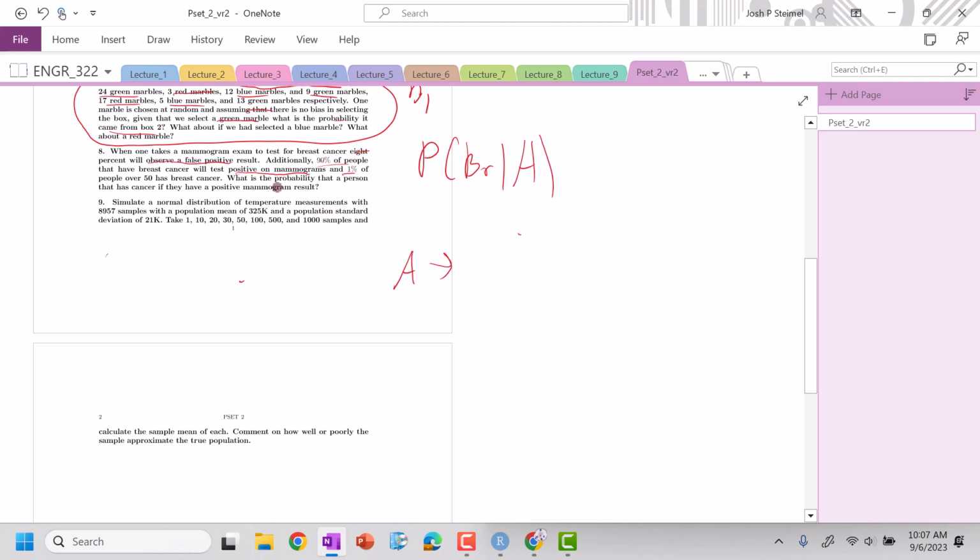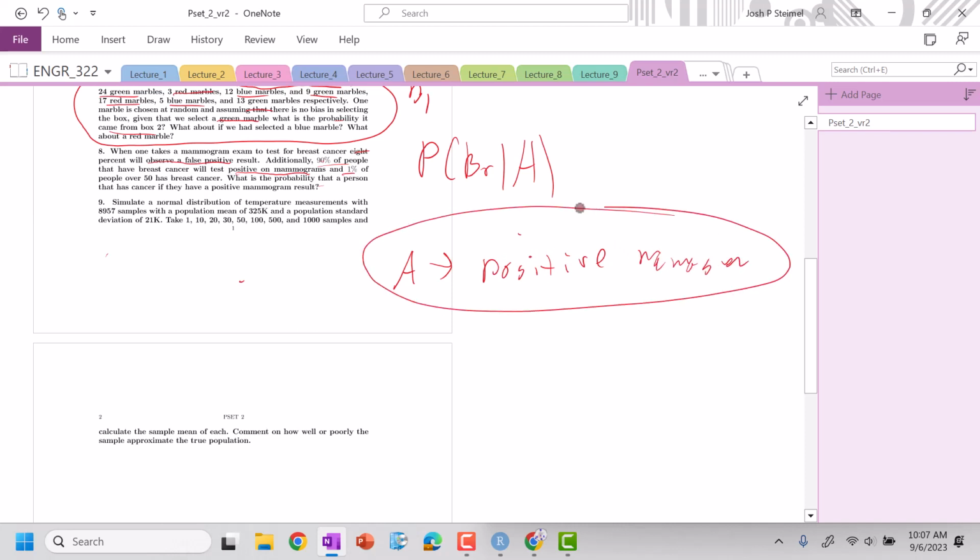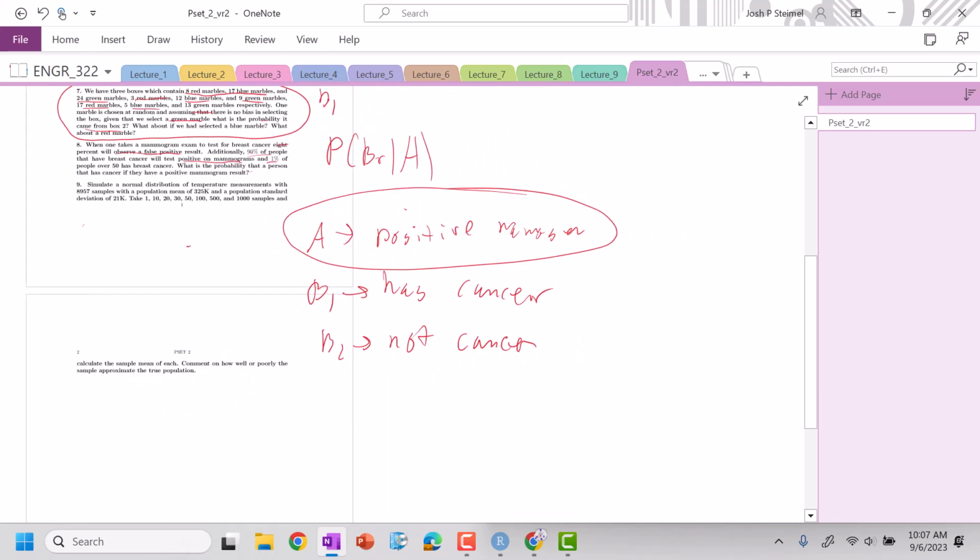We're asked what the probability is that the person has cancer, given that they have a positive mammogram result. The other outcome is not cancer. That's another possibility, because we could have a true positive or a false positive.